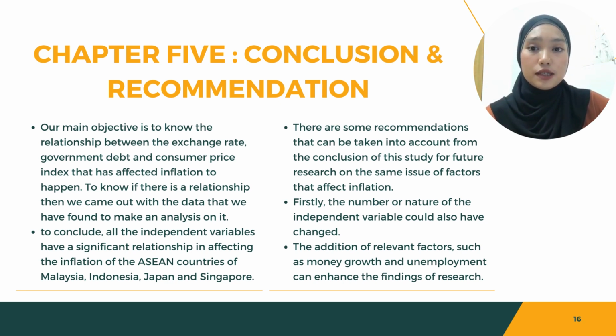To know if there is a relationship, we came out with the data that we have found to make an analysis on it. Based on the result, the exchange rate has a significant impact on inflation. It is because the t-test value shows a positive number. Therefore, we are able to accept the alternate hypothesis and reject the null hypothesis.